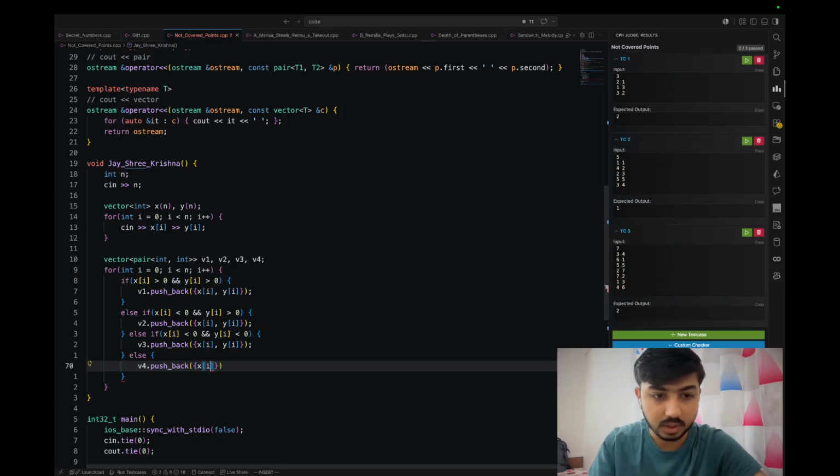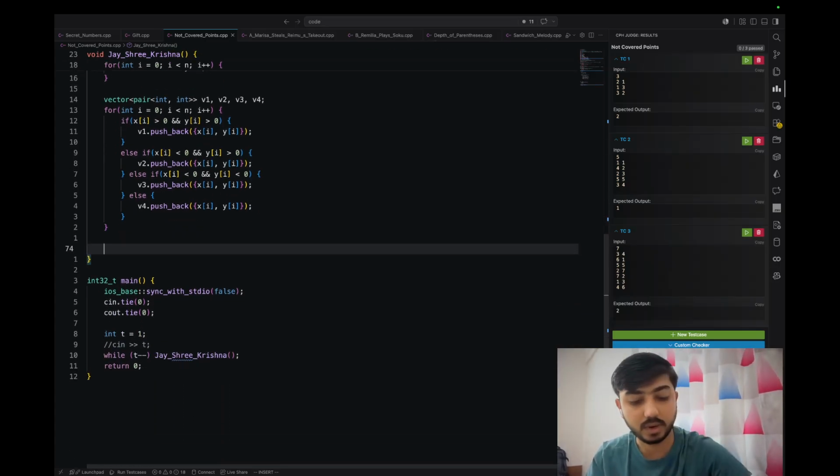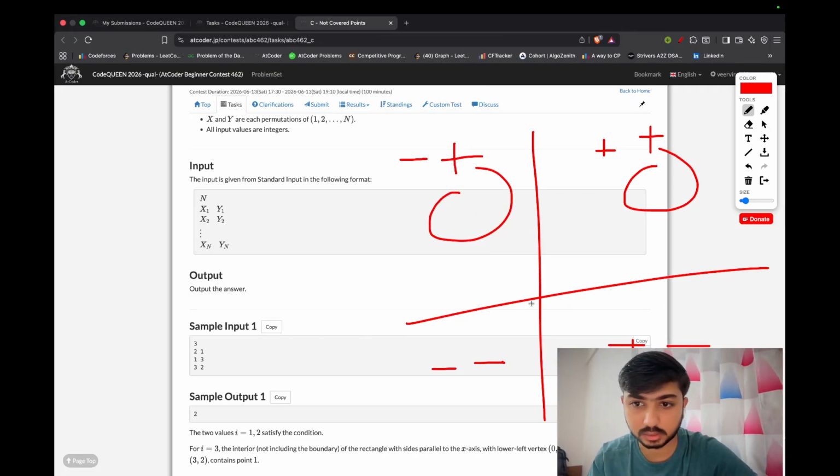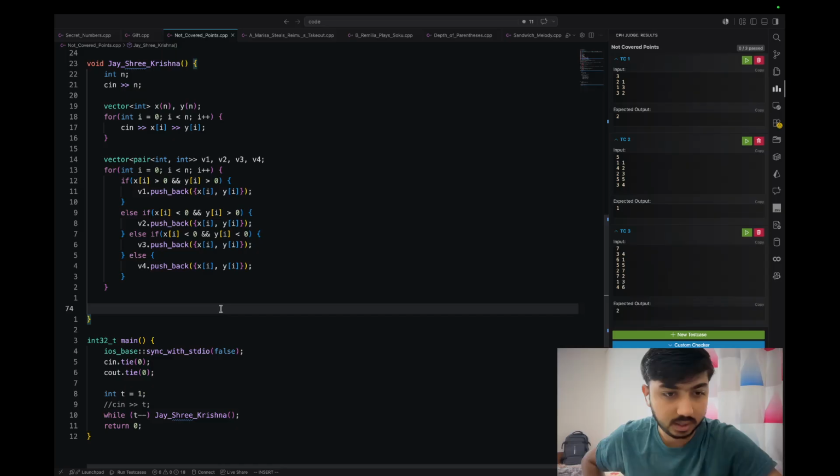So x of i, comma y of i. Cool. So we have 4 quadrants. Now we have to check the smallest y. Okay, the answer is equal to 0.